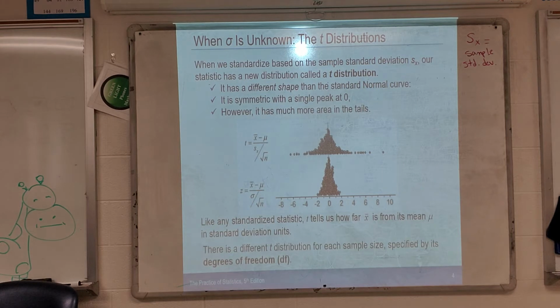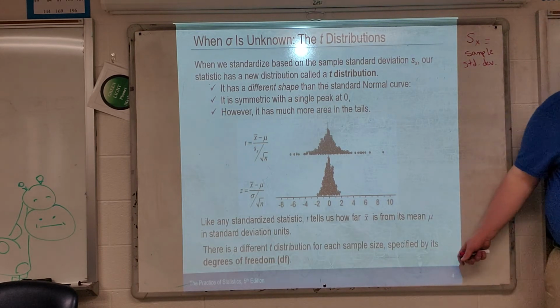There is a different t distribution for each sample size, which brings in this term, the first time we have to talk about this, and you're going to hear this term again from here on out. Specified by its degrees of freedom, DF. Degrees of freedom. It has something to do with the sample size. We'll talk about how to figure out what that is.